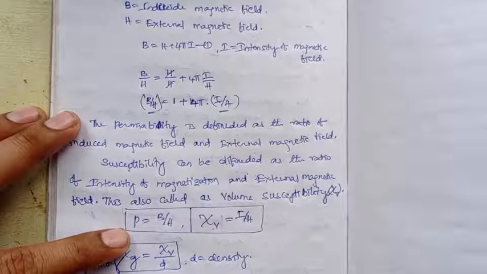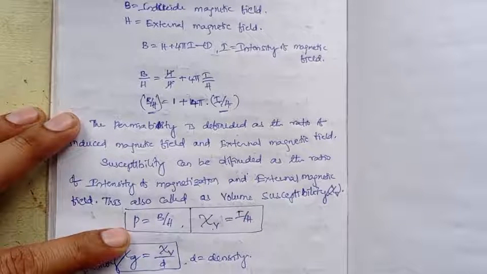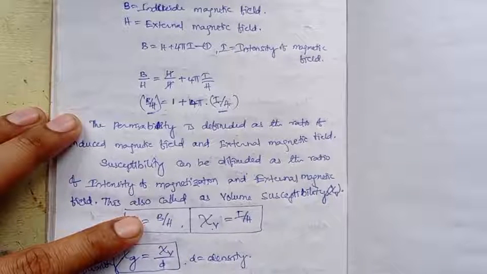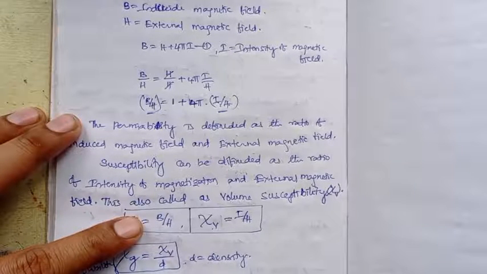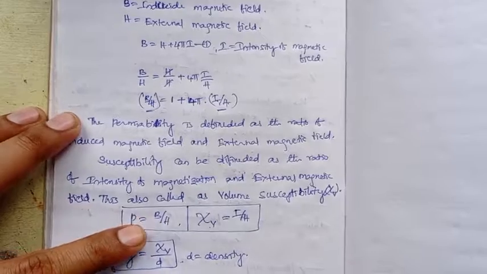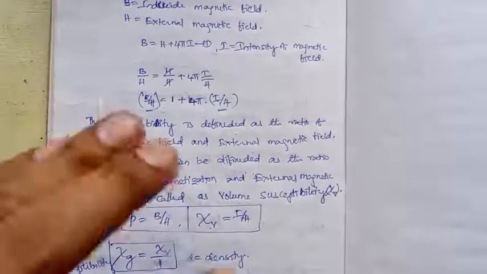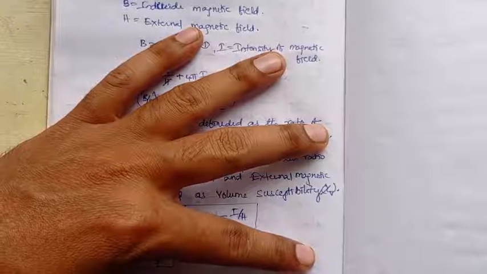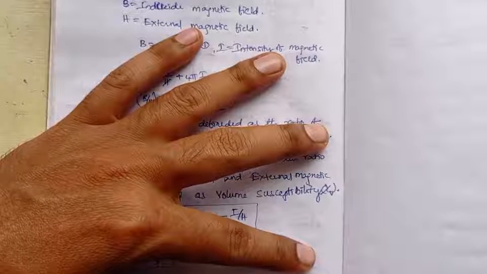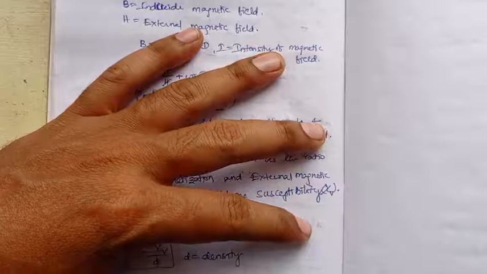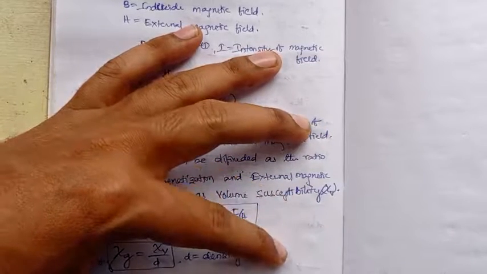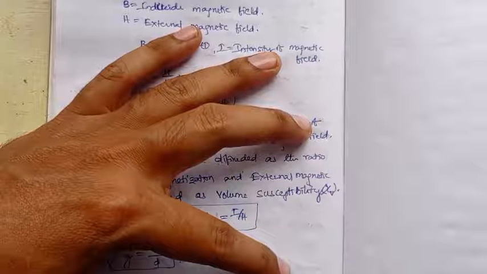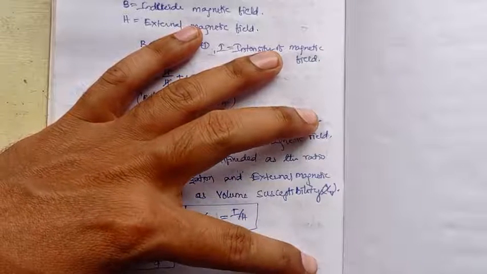Coming to molar susceptibility, chi-m is equal to gram susceptibility multiplied by the molar weight of the sample.